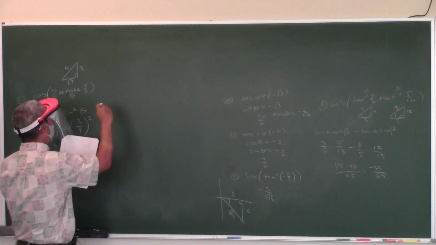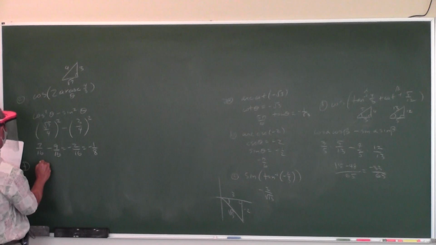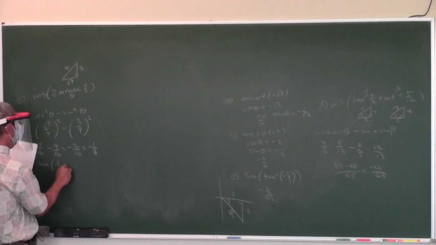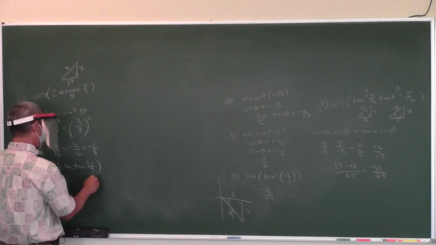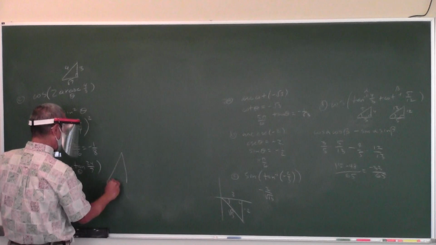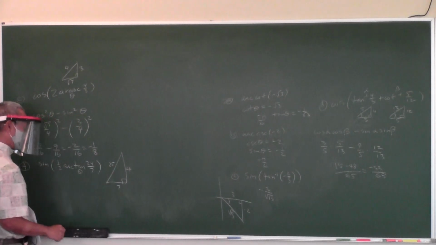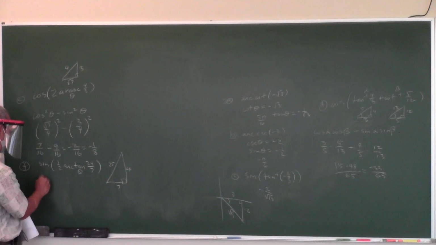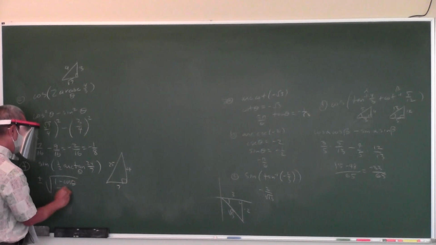All right, F. Let's squeeze it in here. Sine of 1/2 arc tangent 24/7. When you draw the triangle, tangent is opposite over adjacent and then the Pythagorean theorem. So, plus or minus the square root of 1 minus cosine theta over 2.